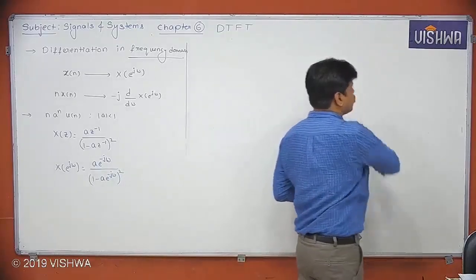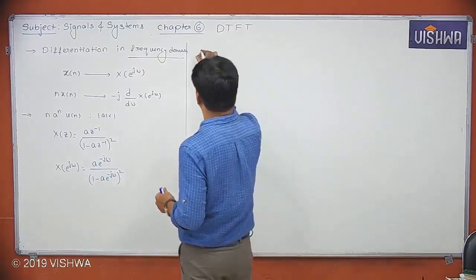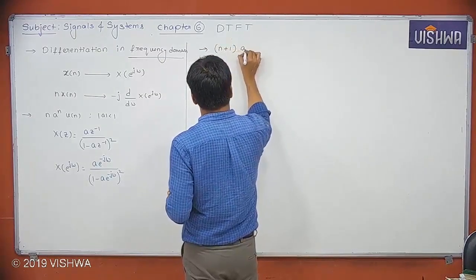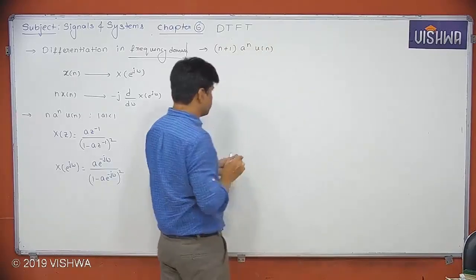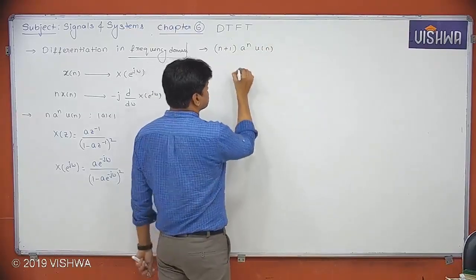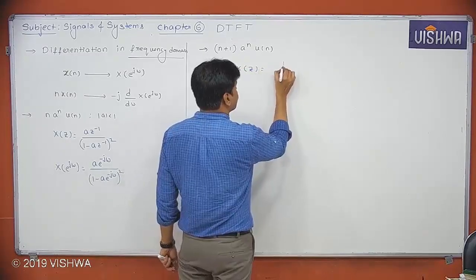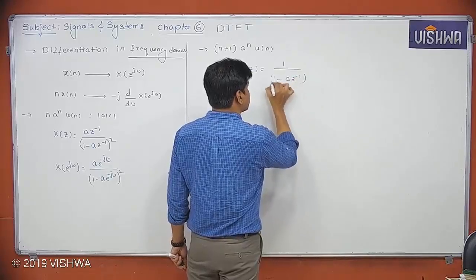In a similar manner, one more formula we have. What is that? N plus 1 times a power n u of n. For this we again have x of z. What is x of z? That is 1 by (1 minus a z inverse) whole square.